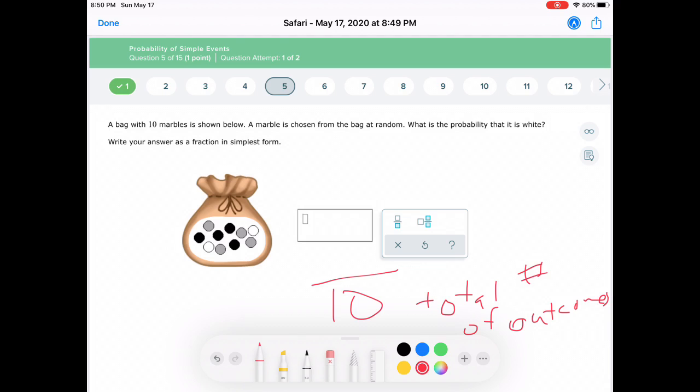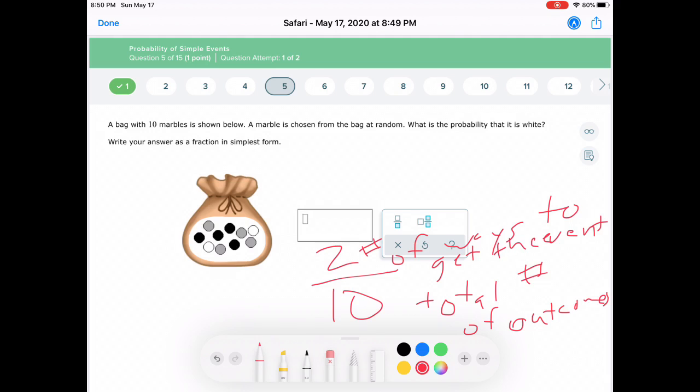And then, like we talked about, the event. In this case, the event is white. So if the event is drawing a white marble, we have to think of the number of ways to get the event, and that's how we're going to find probability.